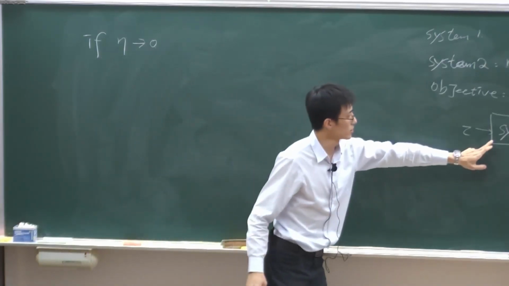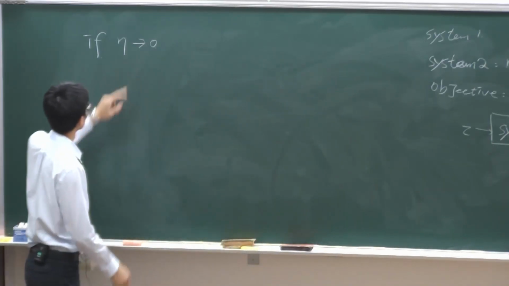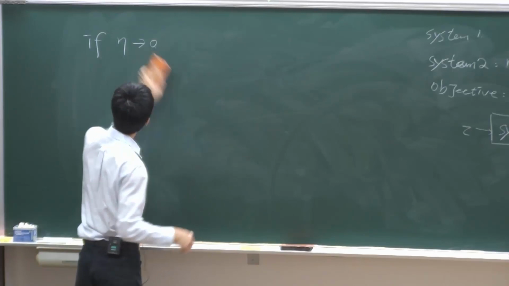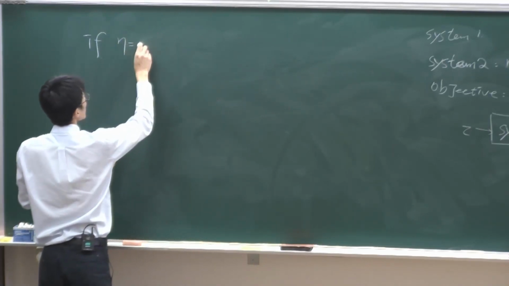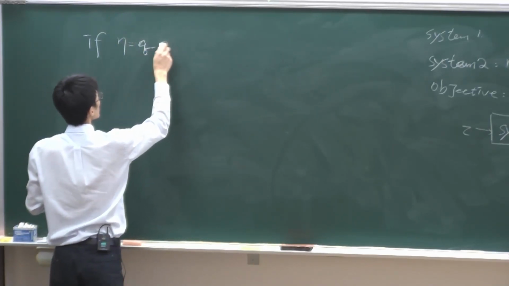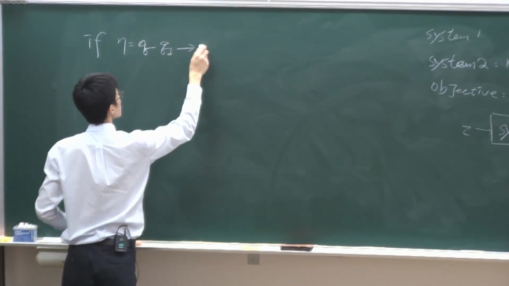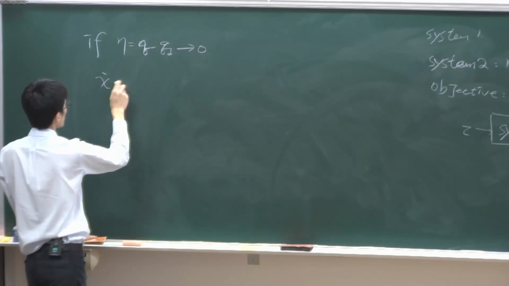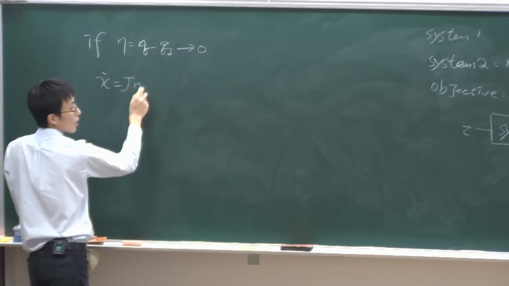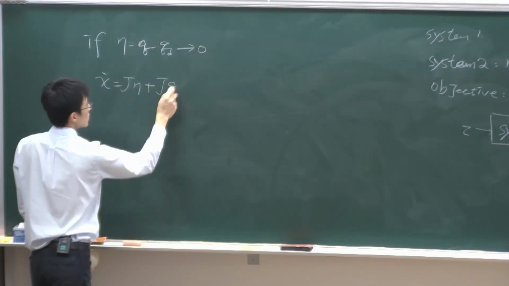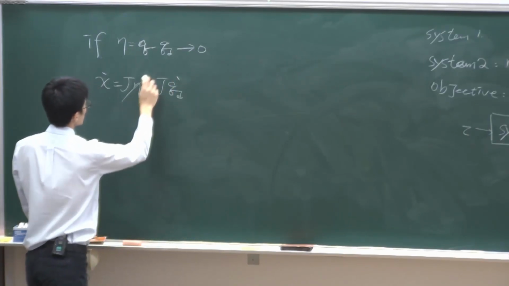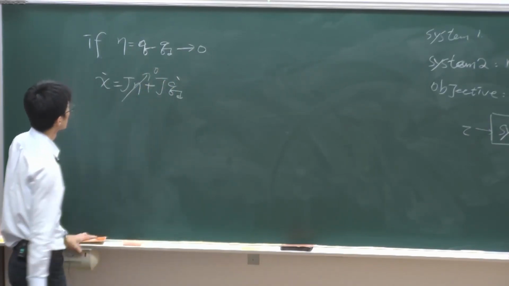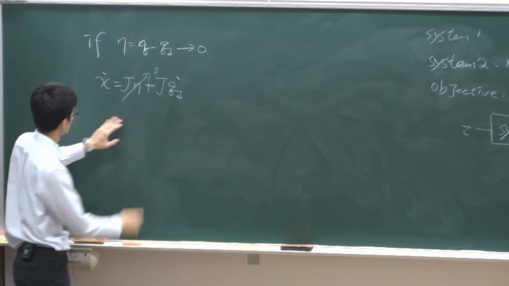The second system, right? This is the objective for the second system. If eta is 0, eta is the mismatch between Q and QD. If this is 0, from that dynamics, J eta plus J d dot, the closed loop dynamic becomes this.